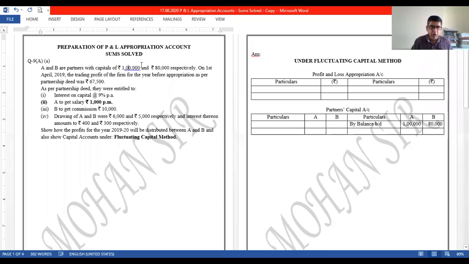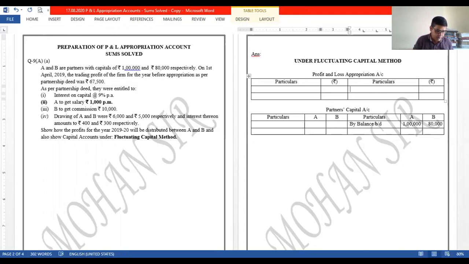After capital, the trading profit of the firm for the year before appropriation as per partnership deed was 67,500. So let me write over here in profit and loss appropriation account on the credit side, by net profit, amount can be seen as 67,500.